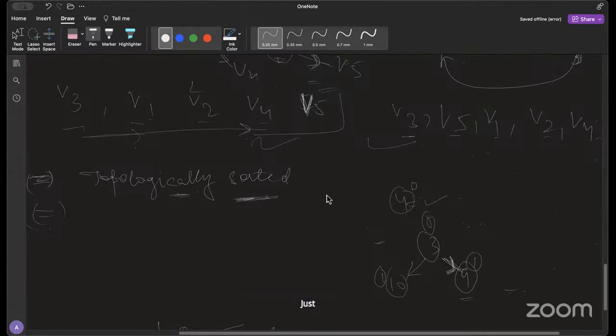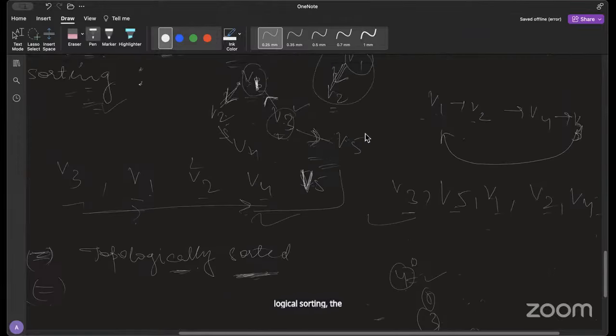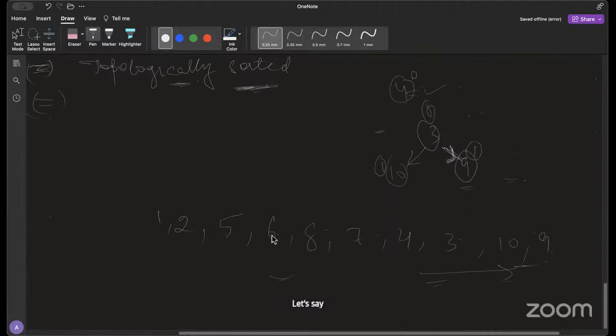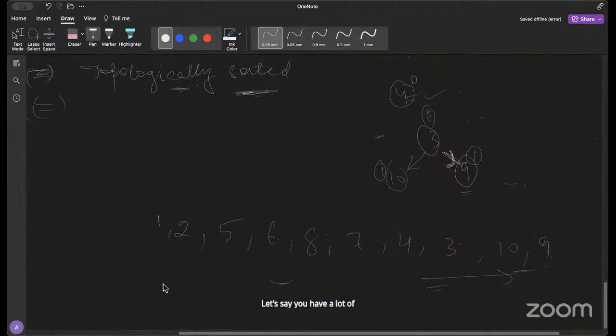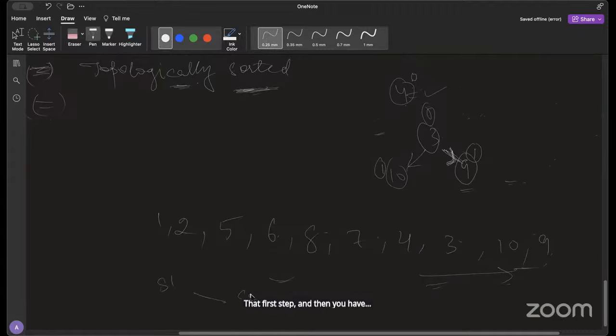Just a question. What is the use of topological sorting? Topological sorting, the very first example that we gave: let's say you have to construct something, and for that there are activities, or steps. First step, and then you have second.